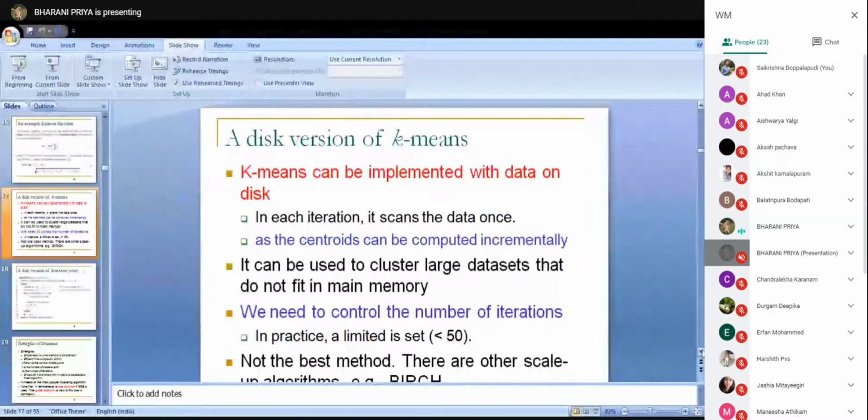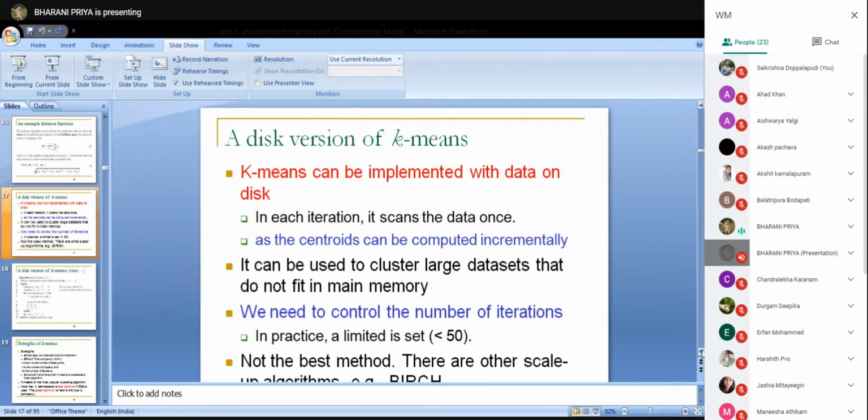That means you create very small, very tight clusters, which have the minimum data points. And once the minimum data point clusters are constructed, you combine these clusters.